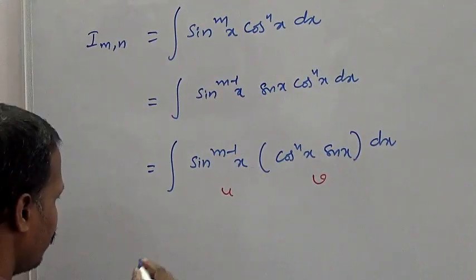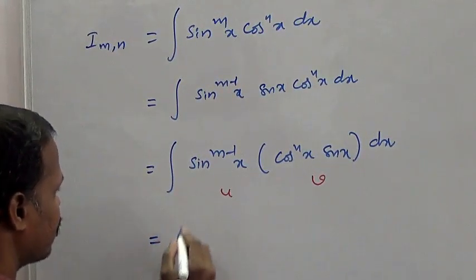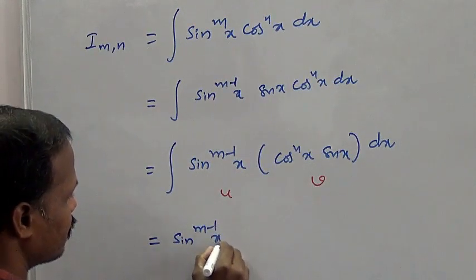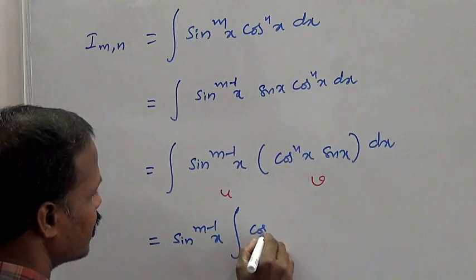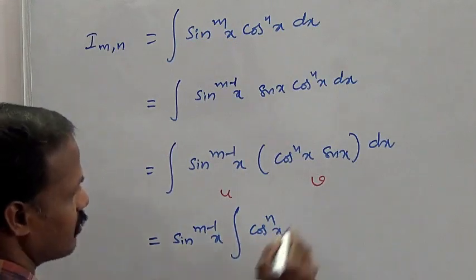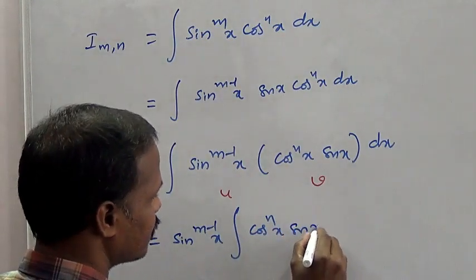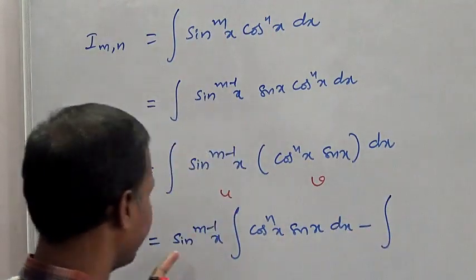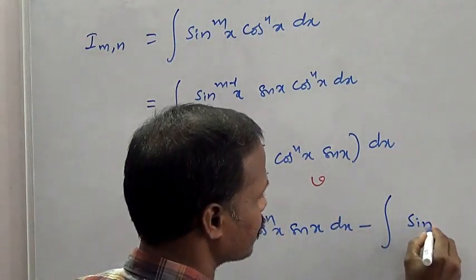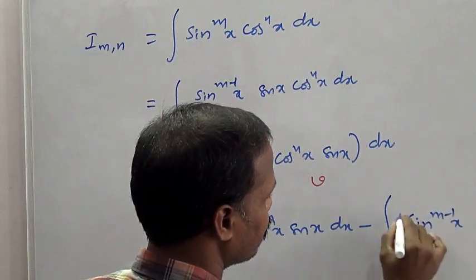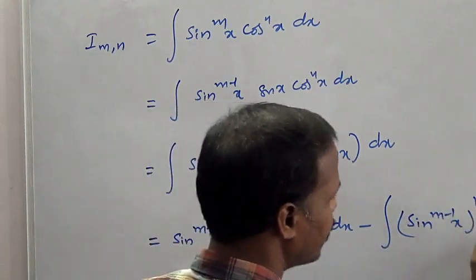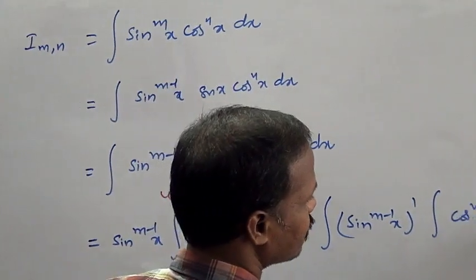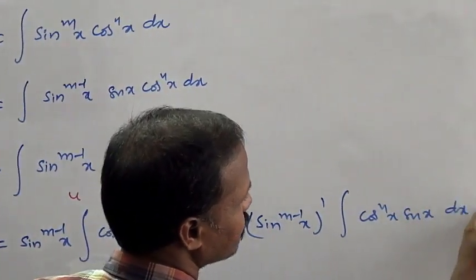So applying integration by parts, this is equal to sin^(m-1) x times the integral of cos^n x sin x dx, minus the integral of the derivative of sin^(m-1) x into the integral of cos^n x sin x dx, into dx.